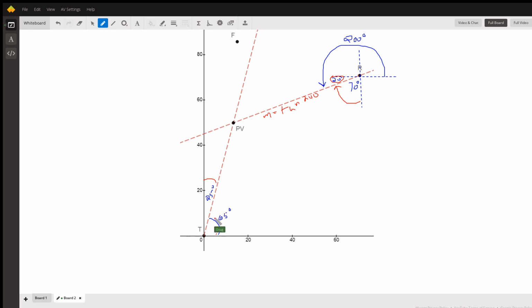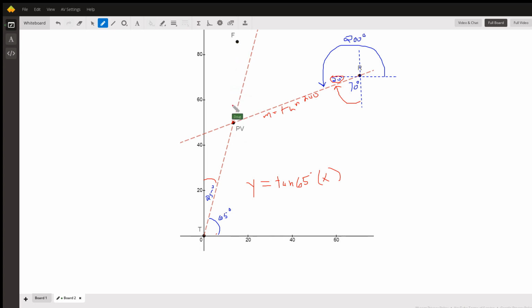So the equation of this dotted line is y equals tangent of 65 times x, because we're using the point 0, 0. And so similarly to what I did on the first board, we have two equations, two unknowns. We can use the substitution method to find the x and y coordinates of PV.